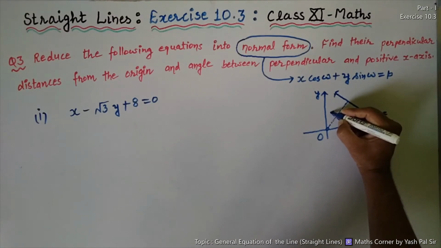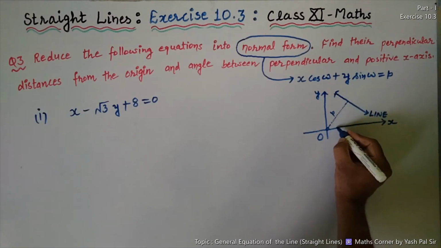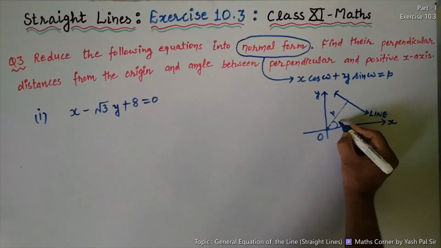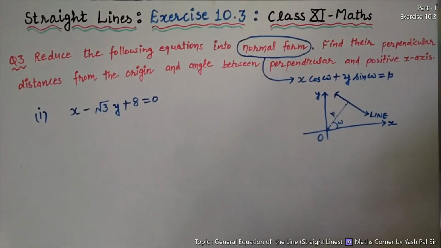Then this perpendicular distance is called p, and this perpendicular is making an angle omega with the positive x-axis. So accordingly we have to convert this general form into normal form.